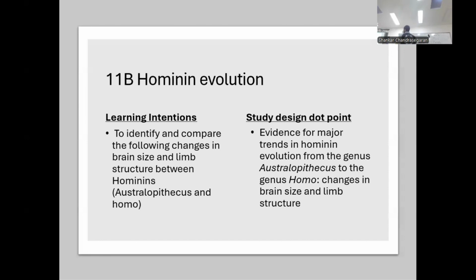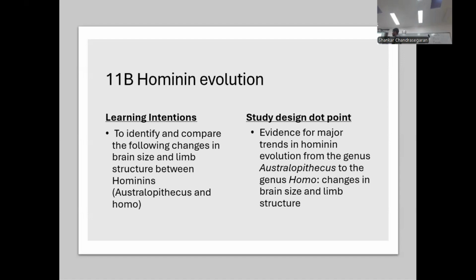All right, so today's lesson, we're gonna identify and compare the changes in brain size and limb structure between hominins that emerged. We have a bunch of hominins that emerged in three different genera in particular. Two are going to be stressed: one is the Australopithecus genus and also the Homo genus.